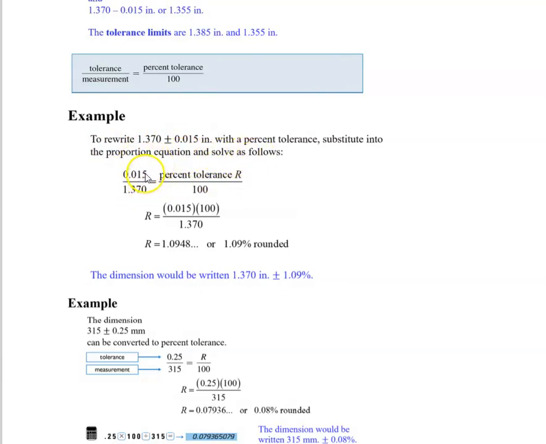So the 0.015 is our tolerance over our measurement. We would get the percent tolerance over 100. And so they've done the cross multiplication and then they've done the division, and they end up with 1.09% if they round. So the dimension would be 1.37 plus or minus 1.09%.